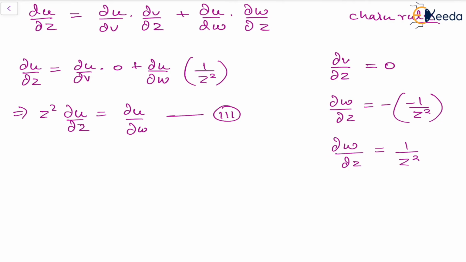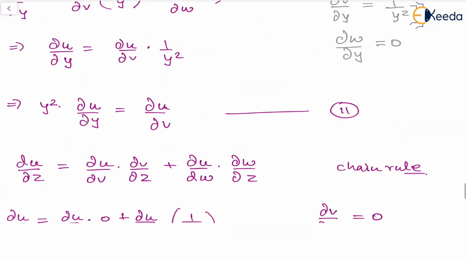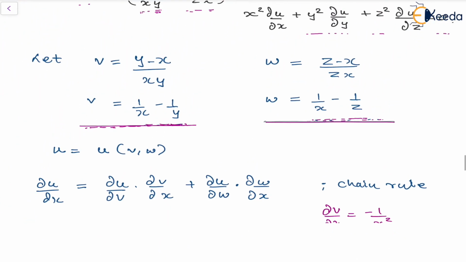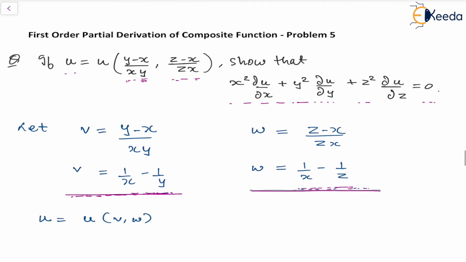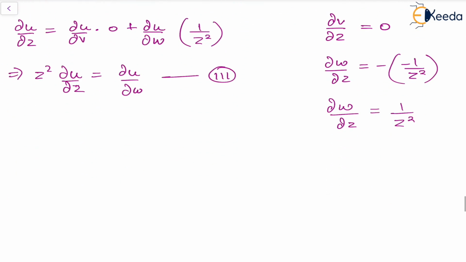So now we have got three equations which have the terms given on the left hand side. Now we can simply add the first, second and third equations.